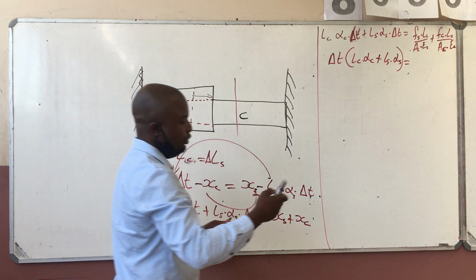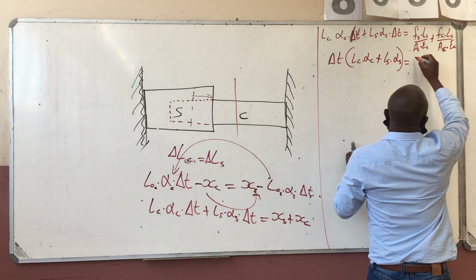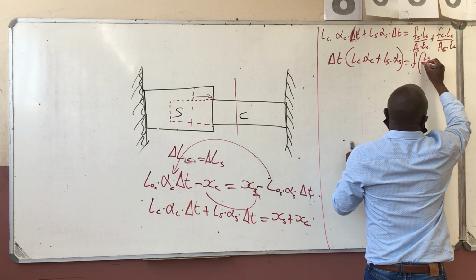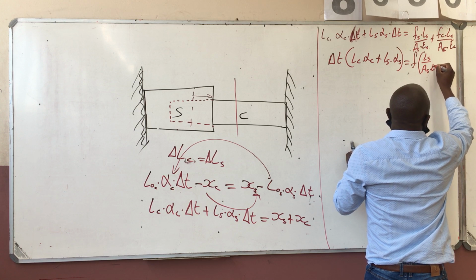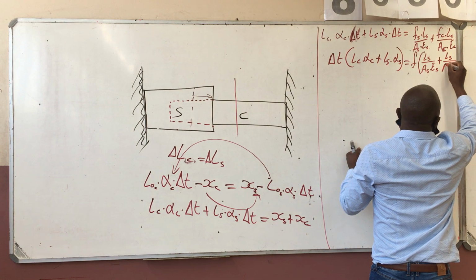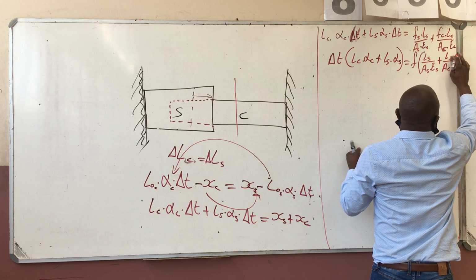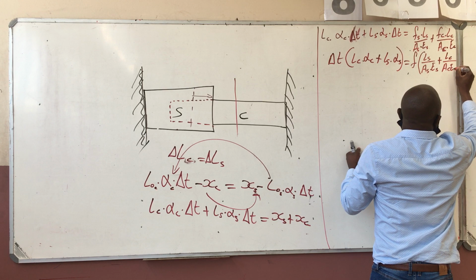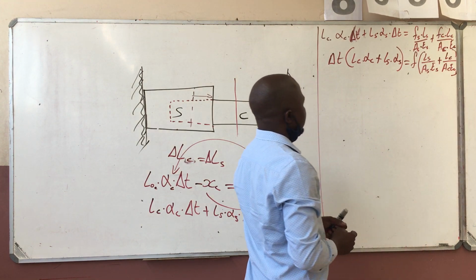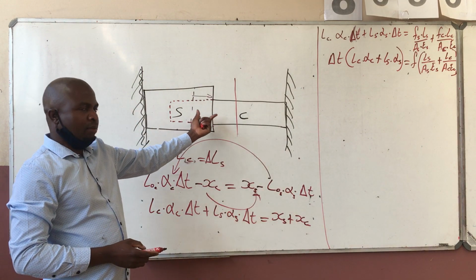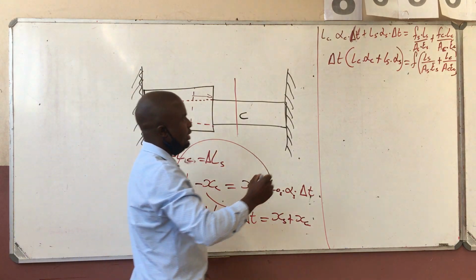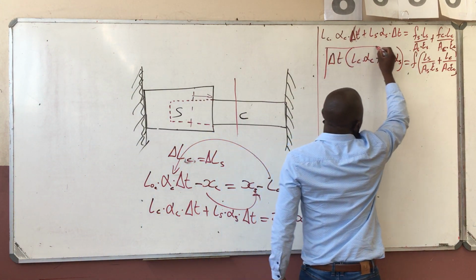So therefore, for these two, I can take a common factor of the force, which will be F times (LS over AS ES plus LC over AC EC). When it's connected in parallel this way, unlike the one of yesterday, this is the formula you should use.